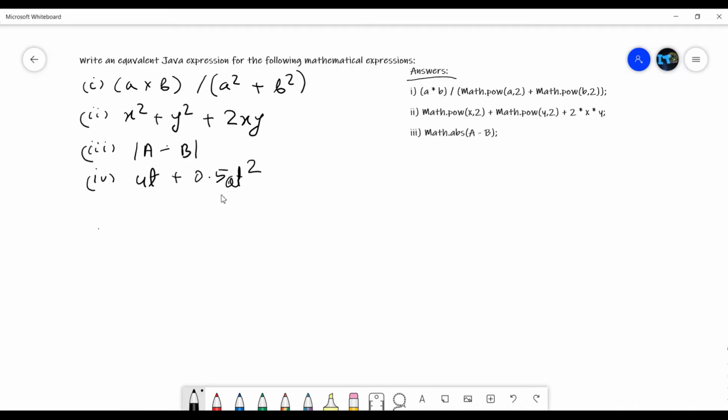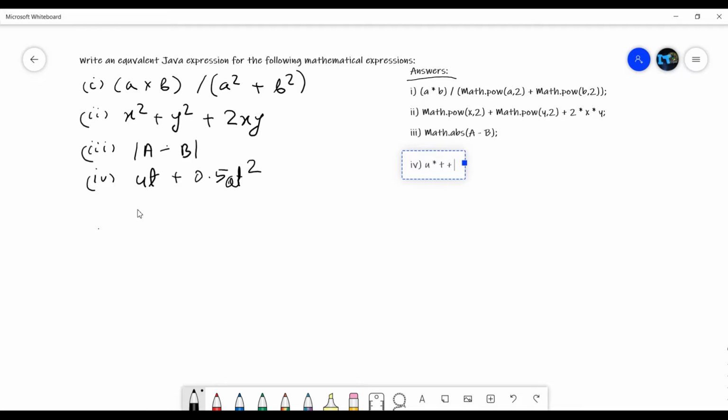So in the fourth bit, this is a very simple one, that is ut. It means u multiply by t, so you have to write u star t. Then plus, this is your t and this is your plus sign.